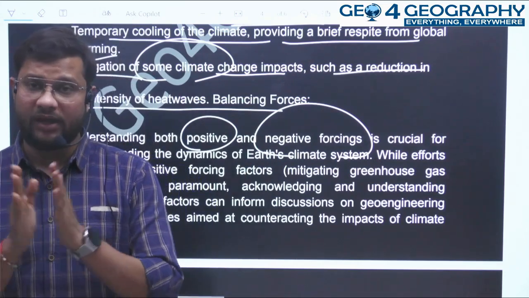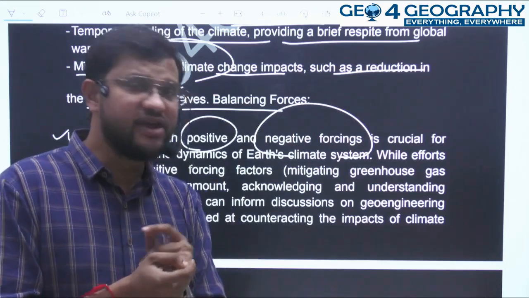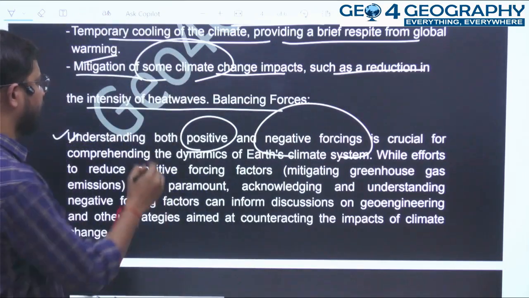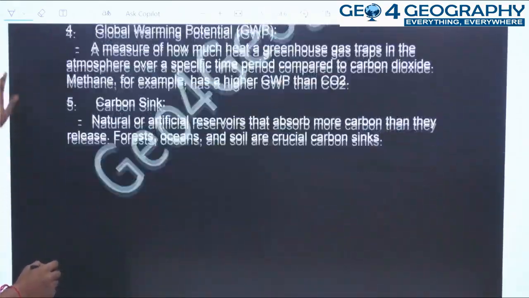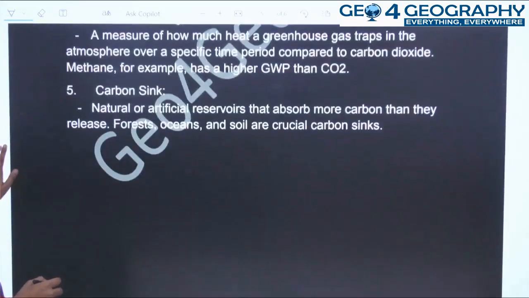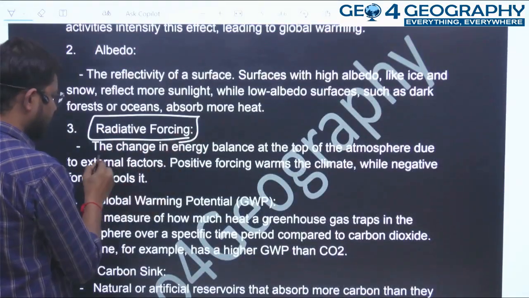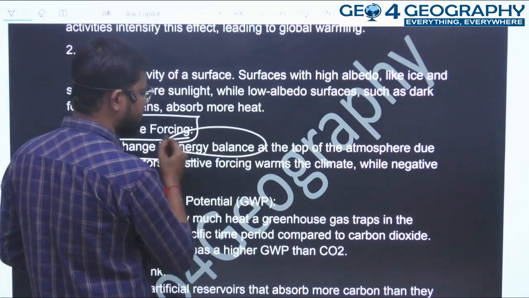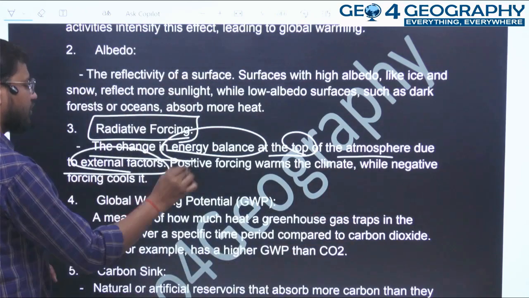I hope guys you are pretty much clear with this. एक और term होती है इसमें, radiation forcing. I am over here interested in the radiation forcing. See, radiative forcing is simply the change in the energy balance at the top of the atmosphere due to external factors, है ना.